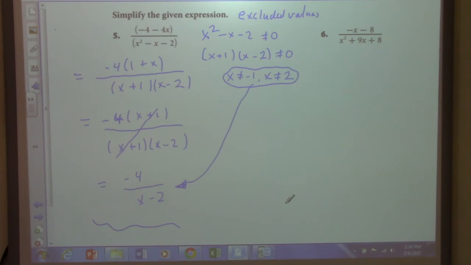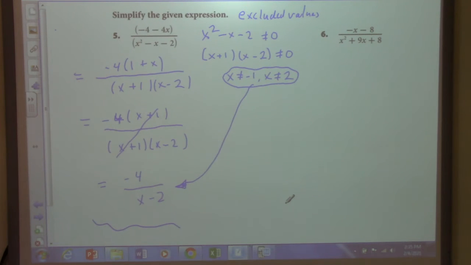Did you do x plus...? So for the top, the top is negative.